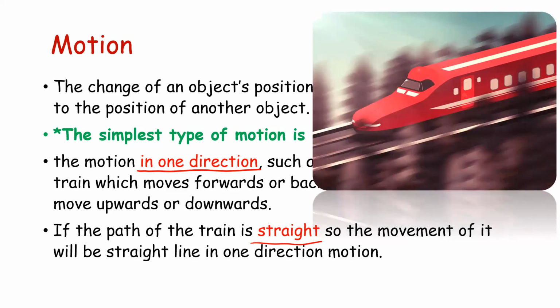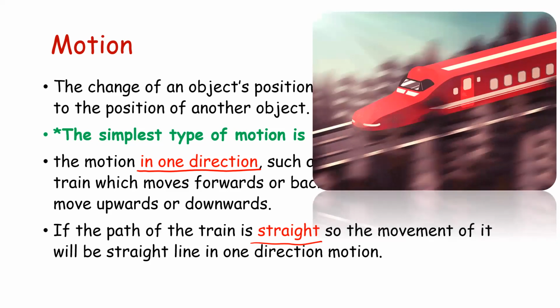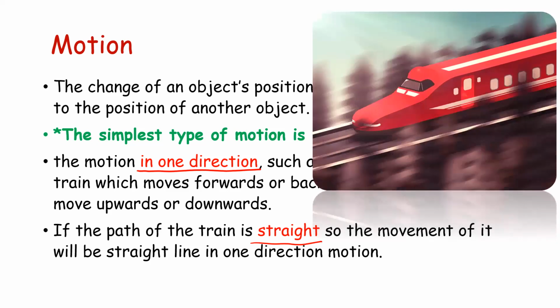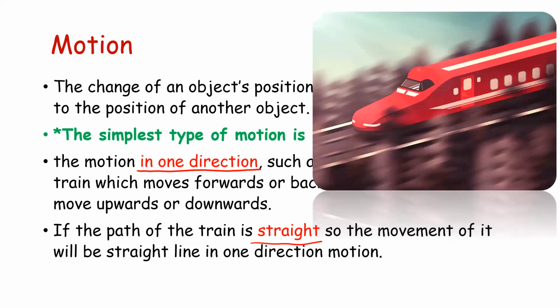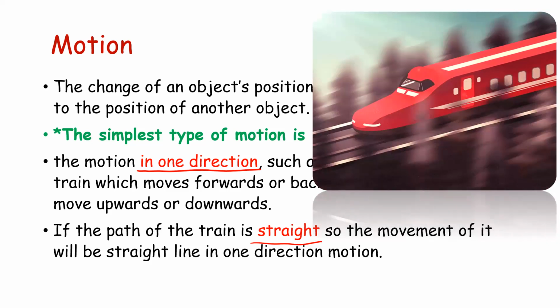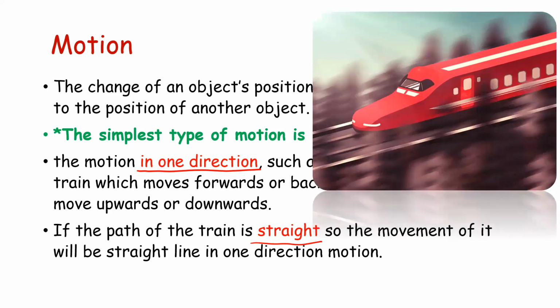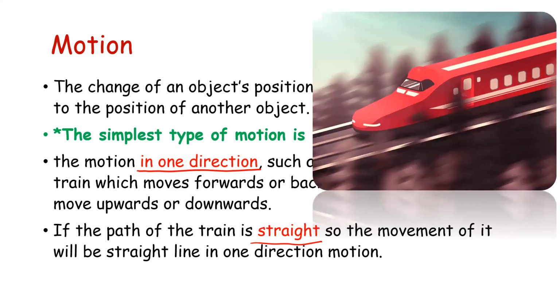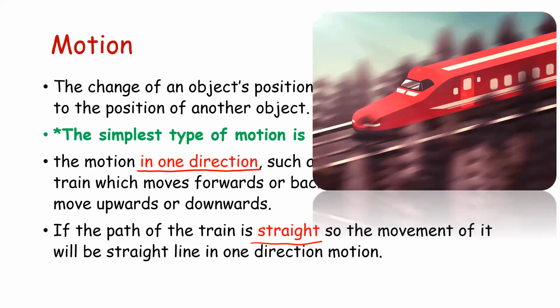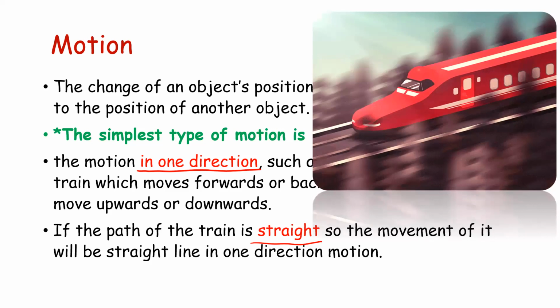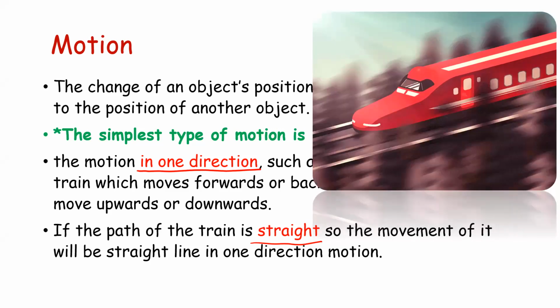This direction can be straight, or sometimes even curved, but still it is moving in the same path. So the train moves only forward or backward. Can the train go up or down? No, teacher, it has only a road like this. Yes, it moves only in one direction.